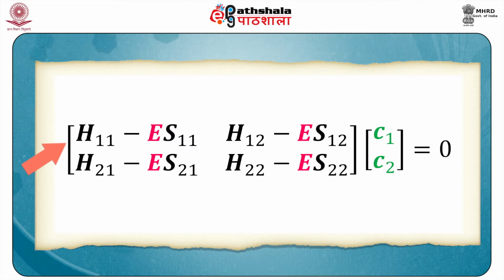Similarly, the second row would be H21 minus E S21 and then H22 minus E S22. So this is the first determinant, and the second is C1 and C2. This is basically a column determinant, and the product of the two is equal to 0. If we expand these determinants, we will ultimately get two secular equations.